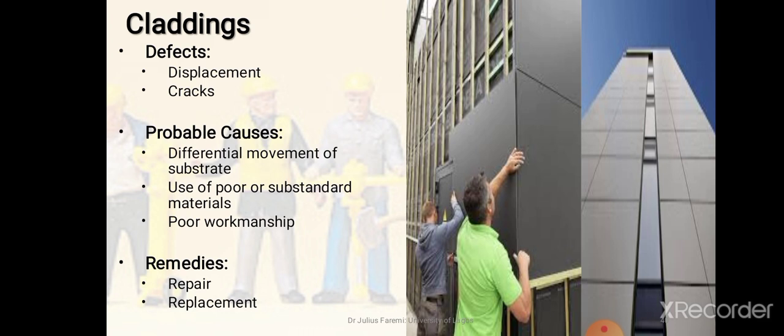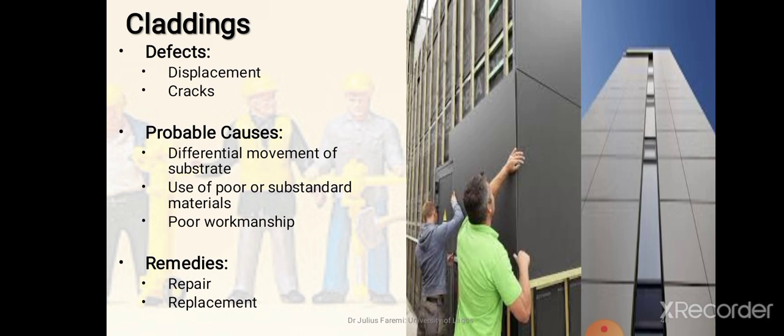Cladding is a composite element that comprises the cladding frames and the cladding panels. The panels could be of glass, aluminum boards, metal sheets, and so on and so forth.